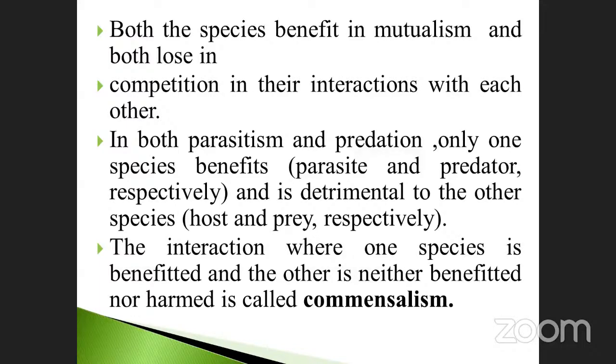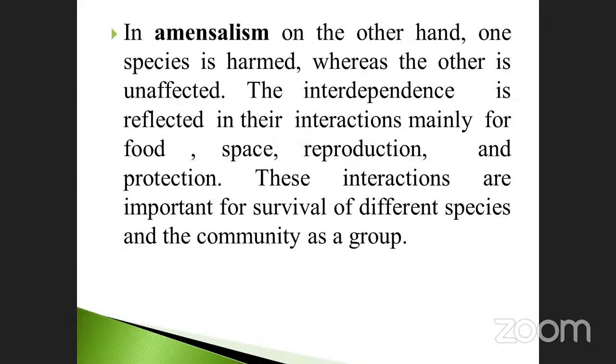Already we discussed: mutualism, competition, parasitism, predation, and also commensalism and amensalism. We will discuss those one by one. In amensalism, on the other hand, one species is harmed while the other is unaffected. The interdependence is reflected in their interaction, mainly for food, space, reproduction, and protection. These interactions are important for the survival of different species and the community as a group. Amensalism we will discuss deeply.